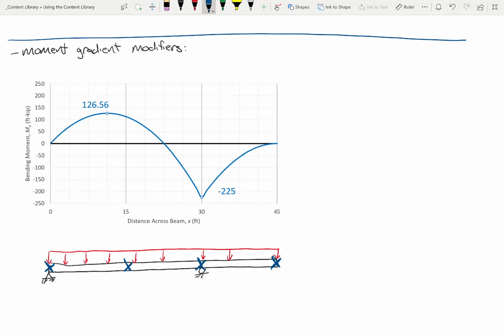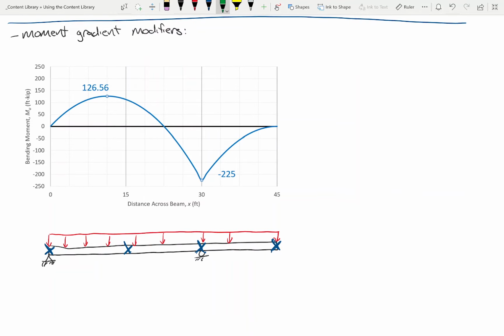Now, a couple things to point out. Each of these segments is to be treated independently. So in other words, LB is 15 feet for each of them.